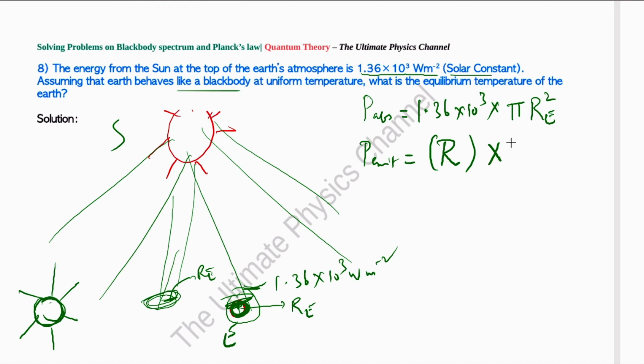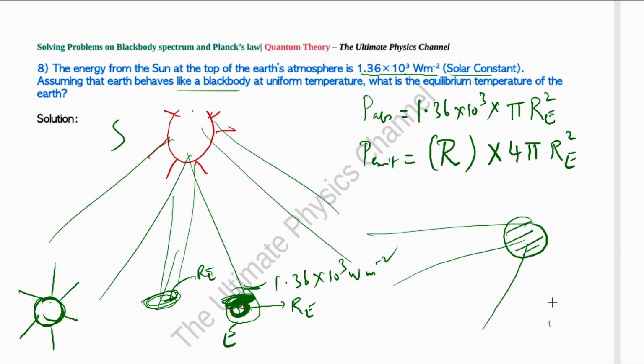So the surface area is 4 pi r squared, so 4 pi R_E squared. While receiving, it receives radiation from the Sun over a circular area, because the Sun is going to see Earth as a circle.